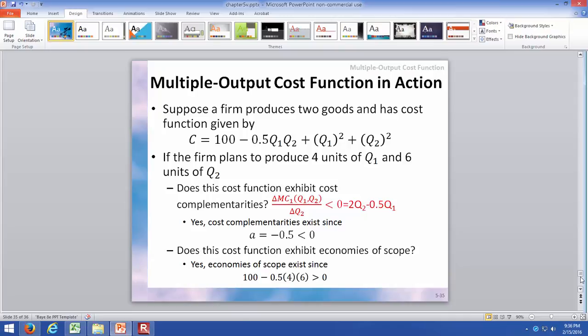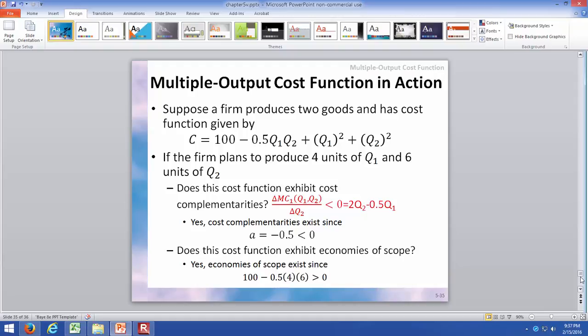delta MC1 to the delta Q2 is less than 0. So basically we are saying that as we increase the output of the second product, it's going to bring down our marginal cost. Now in this case, delta MC1 to delta Q2 is given by 2Q2 minus 0.5 Q1.